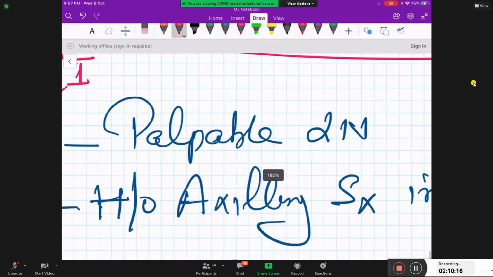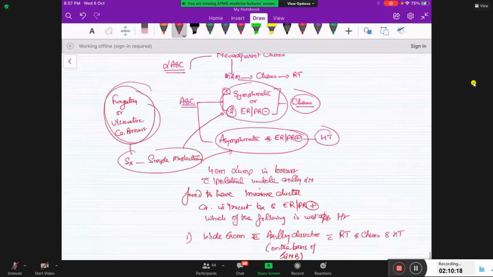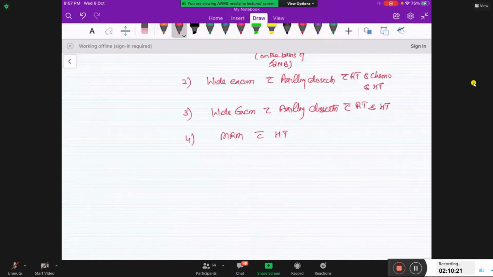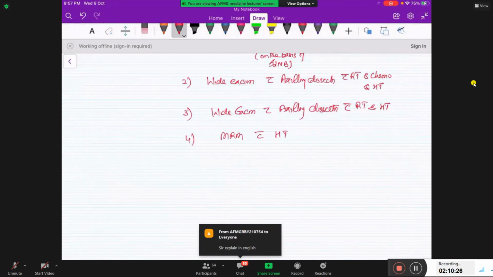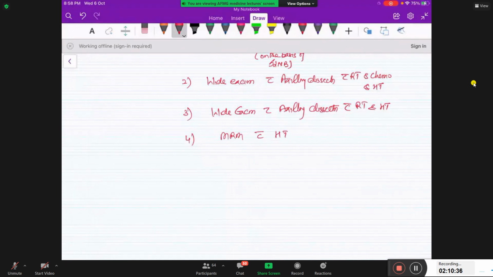So this was the understanding of the concept. Now, if you understood, any doubt please. Did your mind open on the concept of deciding the treatment?